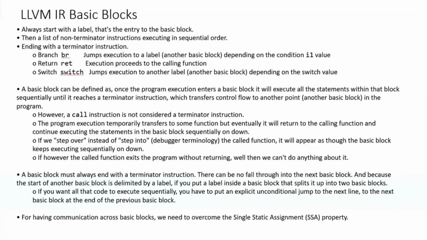For example, we can branch to a different label, another basic block, depending on a certain condition. At the end of a function call, we can return to the calling function, and we can also have a switch statement which jumps execution to another basic block depending on the switch value.